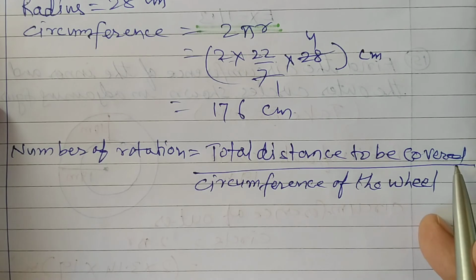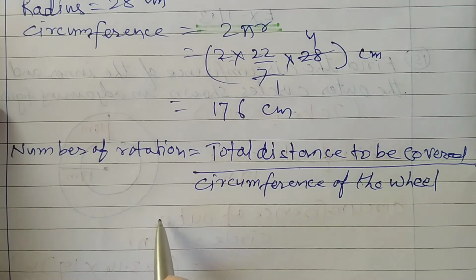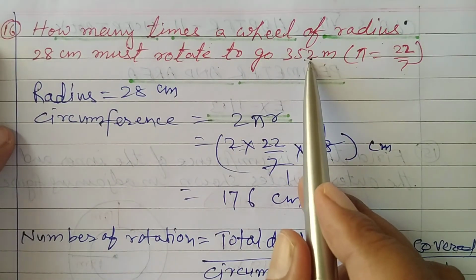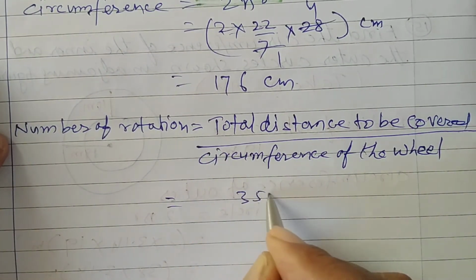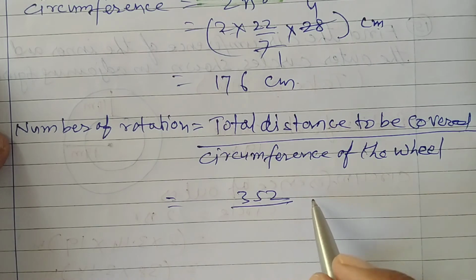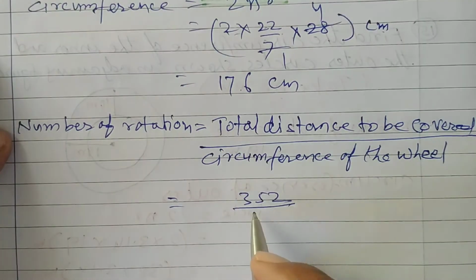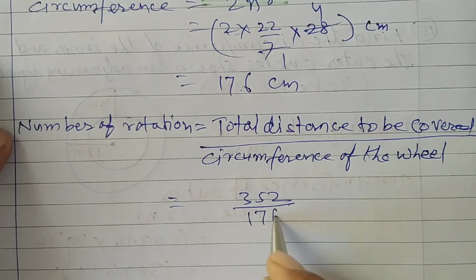So total distance to be covered means it is given 352. Total distance 352 in the question is given. We write 352 by circumference of the wheel, which is given 176 centimeter.